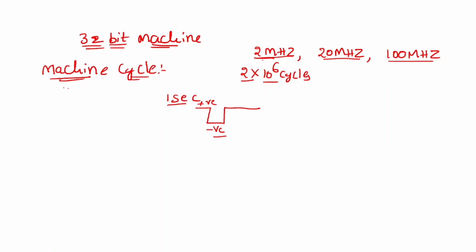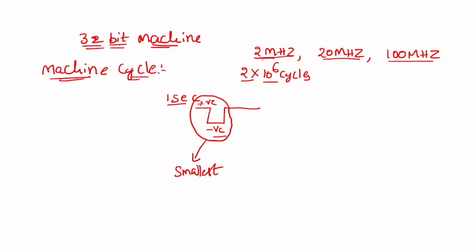Remember, the work done by the processor within one machine cycle is called the smallest work. What is the smallest work done by the processor at a time is nothing but how much work our processor can do within one cycle, one machine cycle. We can call this a machine cycle.